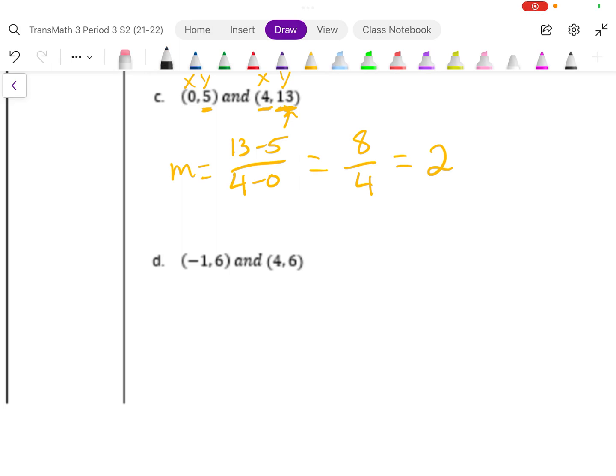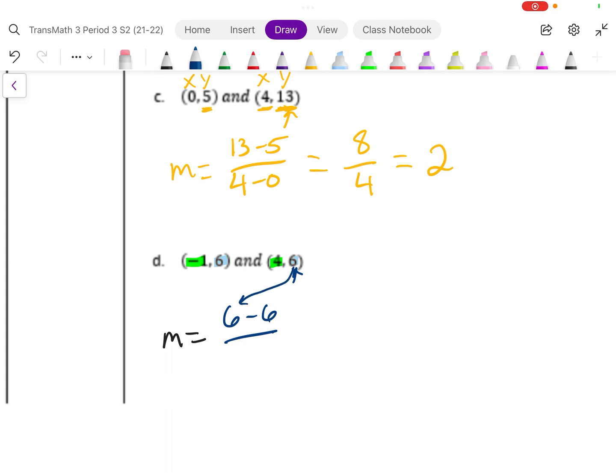Let's go here. Slope: y minus y, 6 minus 6, over x minus x. Really this one doesn't matter because the y coordinates are the same. But let's say I started with that 6.